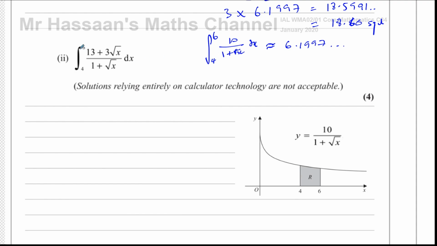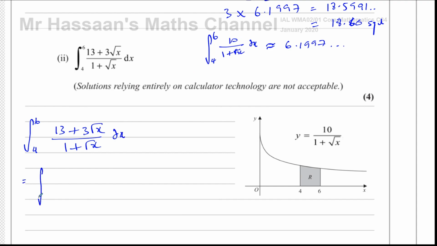Now we have to find the approximate value of this integral using that. What's the same here is the denominator. So I'm going to take the original integral that we're asked to find the value of, and rewrite it in terms of that.